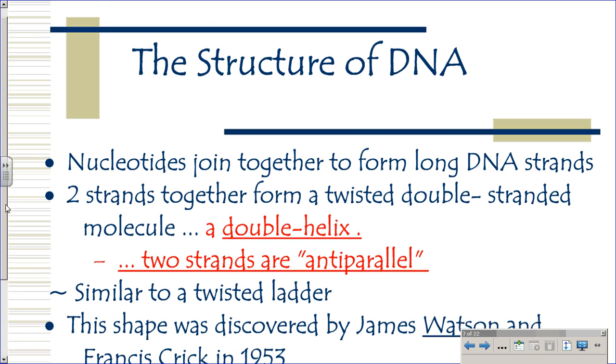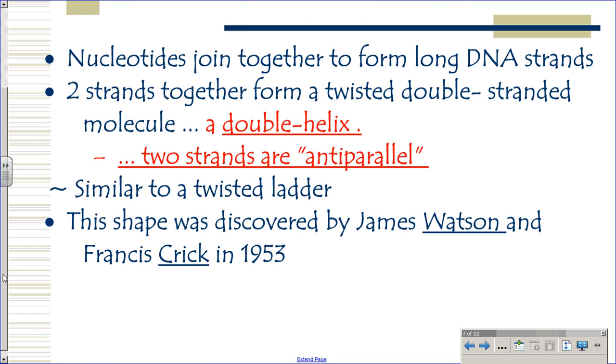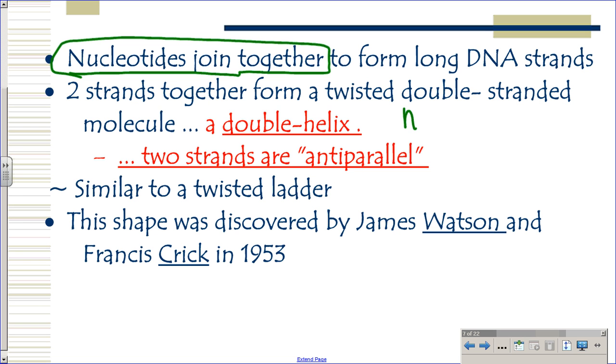All right, structure. Only thing I want you to write on this are DNA. Well, first of all, you know the nucleotides join, right? Well, if you don't, that's one thing that's important. Nucleotides join. So I would write nucleotides join to make DNA strands.